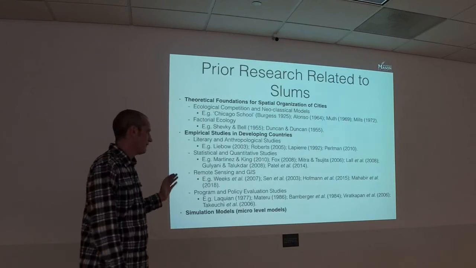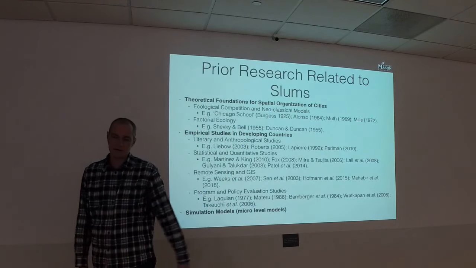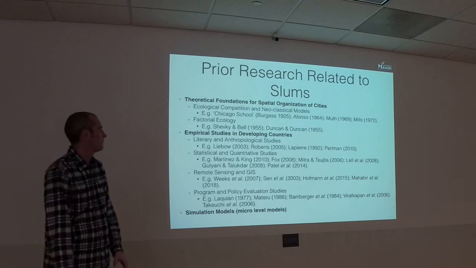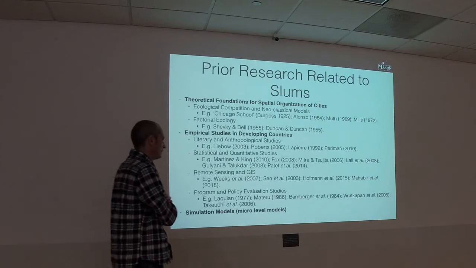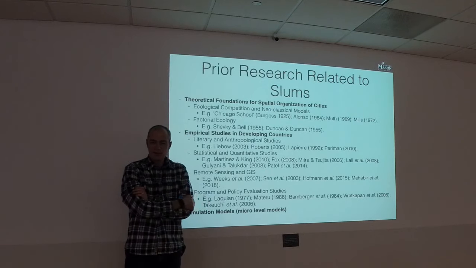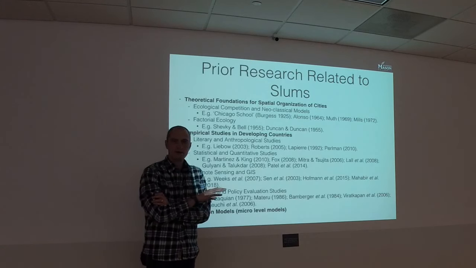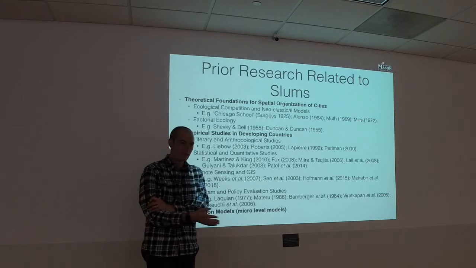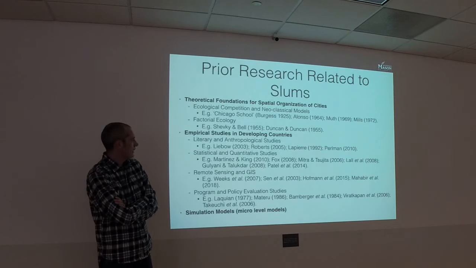Slums have been around since the dawn of civilization, and they've always been studied in a lot of different areas. This is to show that I'm not talking BS, that there is a lot of work being done on slums. These tend to be one-off studies, or very few inter-slum comparison exercises, partly because of data issues.